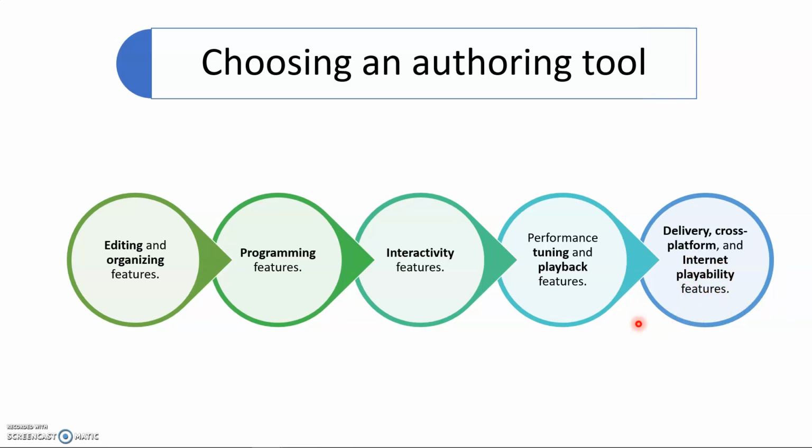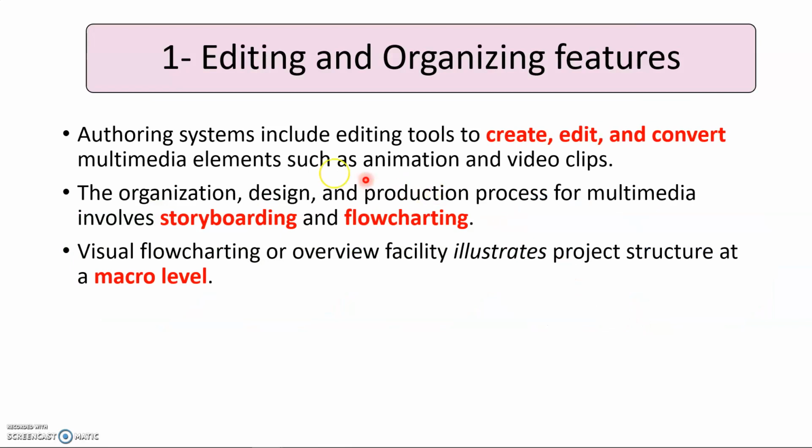So let's take a look at editing and organizing features. Authoring systems include editing tools to create, edit, and convert multimedia elements such as animation and video clips. The organization, design, and production process for multimedia involves storyboarding and flowcharting.